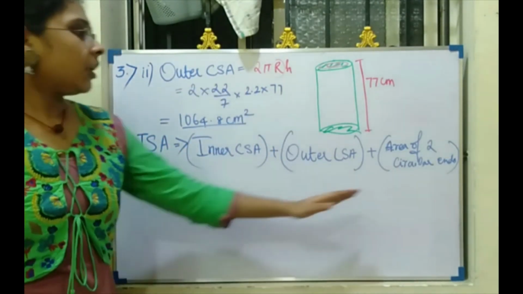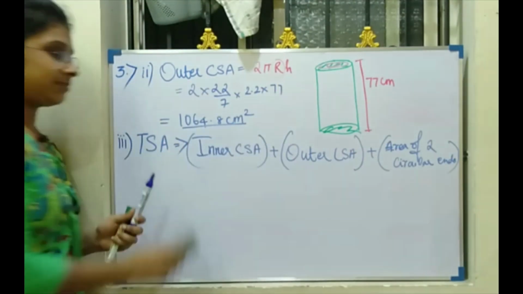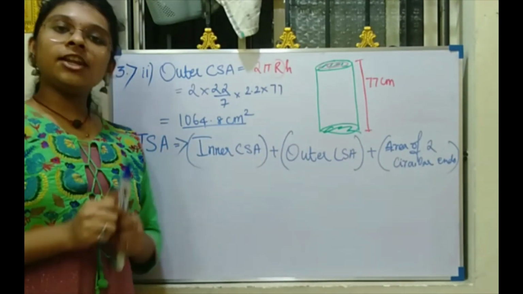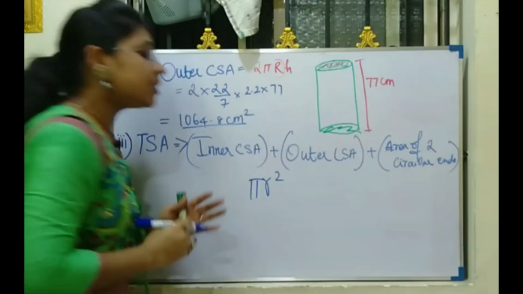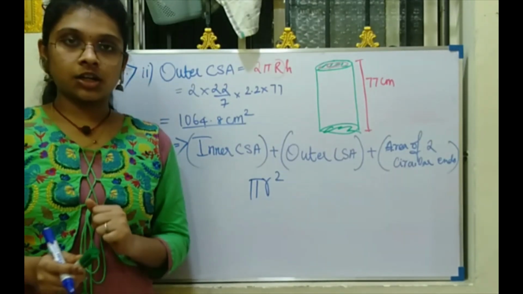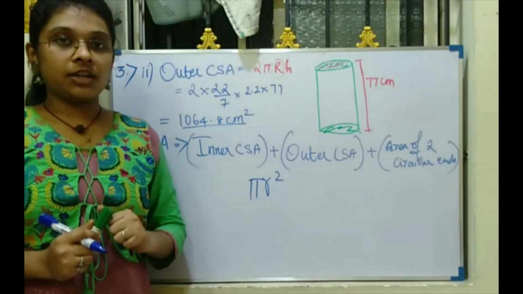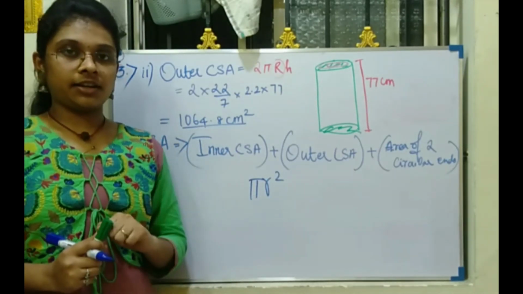Now, how to find the area of two circular ends? What is the area of circle? Pi r square. So this is the general formula for area of circle. Now we have two circles with different radius. One is outer radius and another one is inner radius.